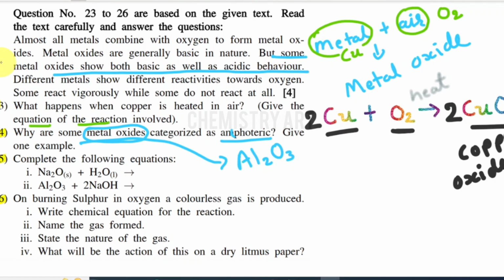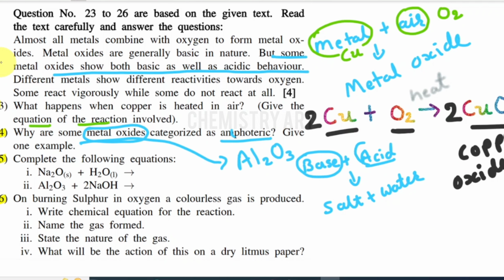If metal oxides have basic nature, then when a base reacts with acid, it forms salt and water. So if metal oxides are basic in nature and react with acid, they form salt and water. But if the metal oxides are acidic in nature, they should not react with acid to form salt and water.